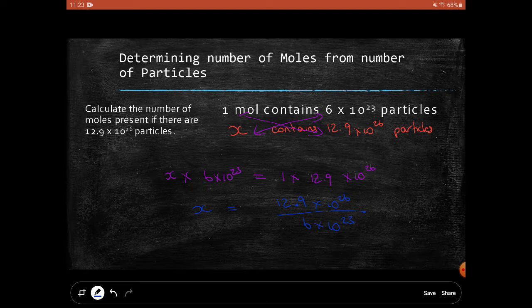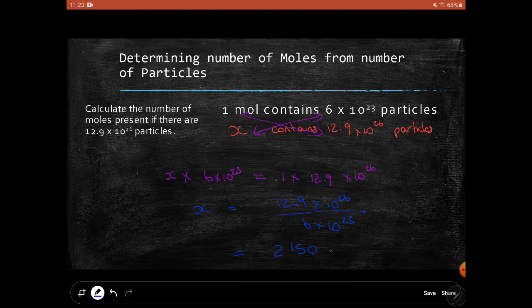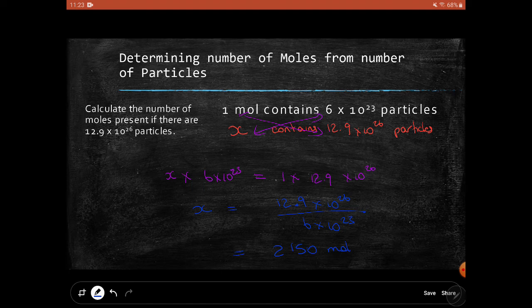When we put this in the calculator, the answer is 2,150 moles. Remember to always add your units at the end. We're calculating number of moles. The unit for mole is MOL.